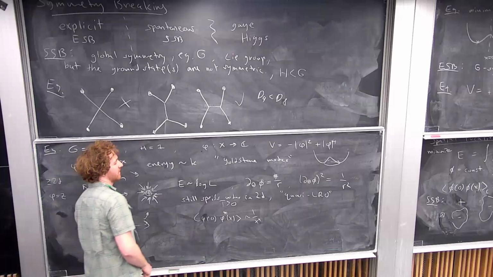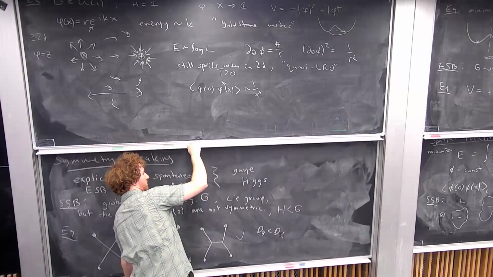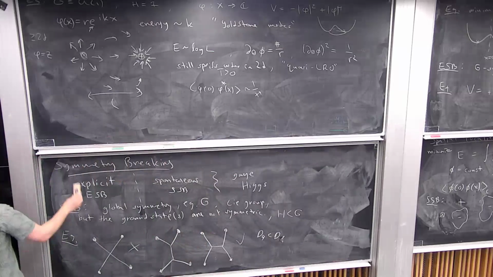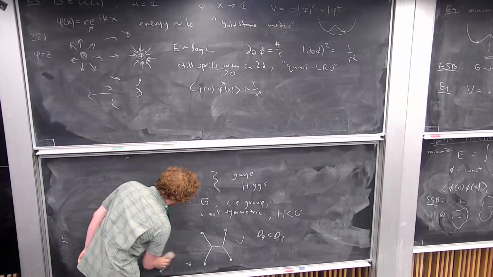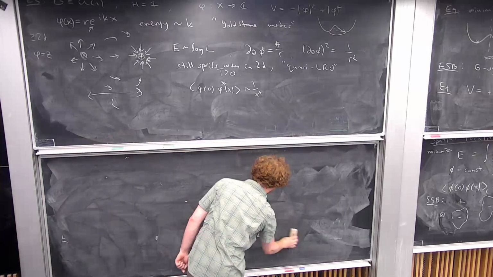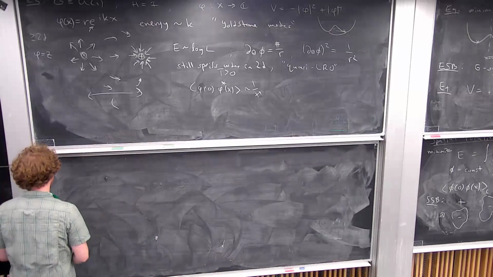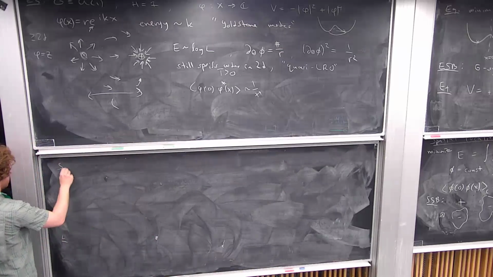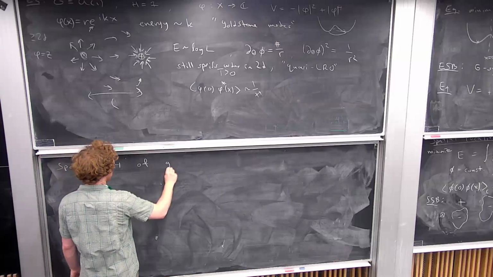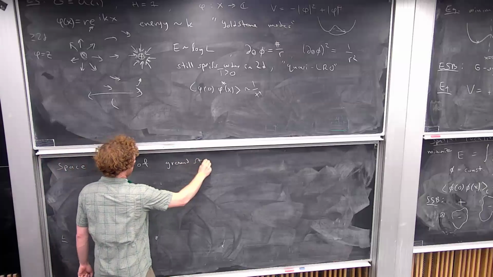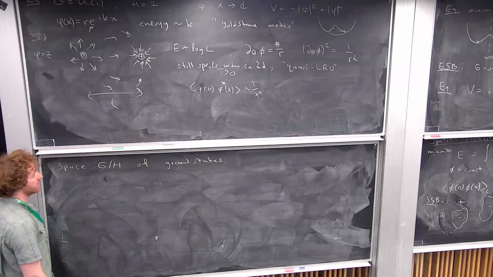So the commonality of these defects is you have a space G mod H of ground states. I'm assuming that G acts transitively on the space of ground states, which generically will be true.